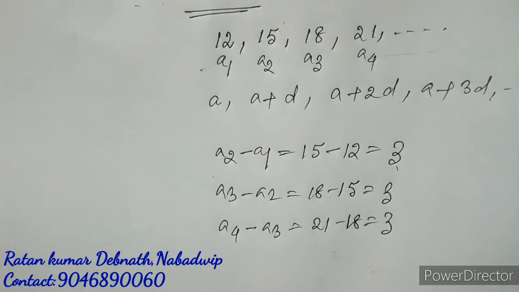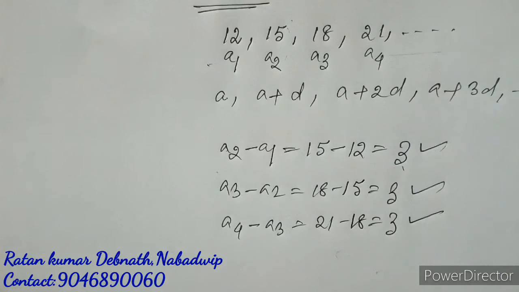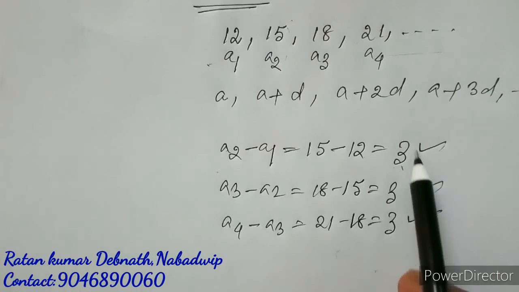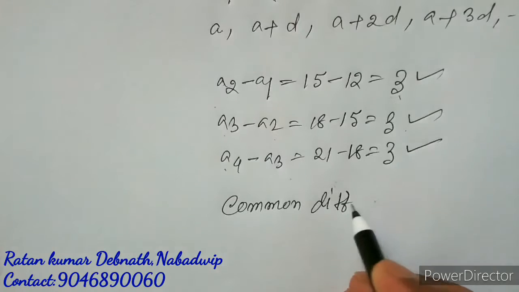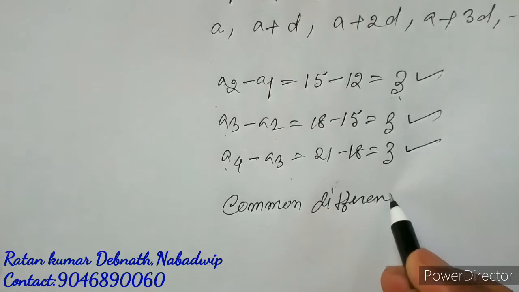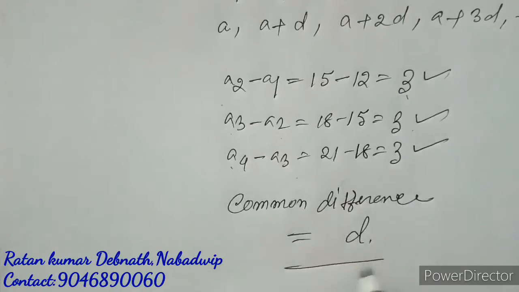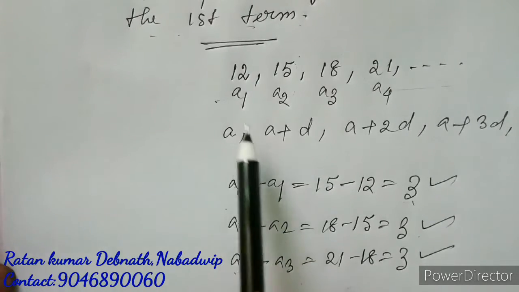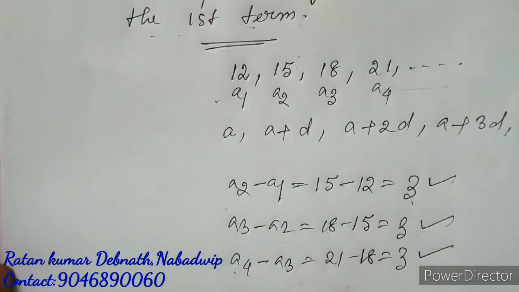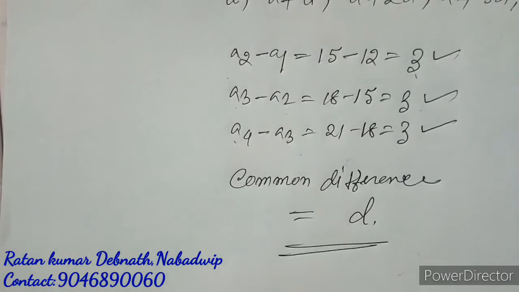In all the cases the numbers are the same, means the difference is the same. This difference is called the common difference. Common difference is denoted by d. So terms are generally denoted by a1, a2, a3, a4, and common difference is denoted by d.